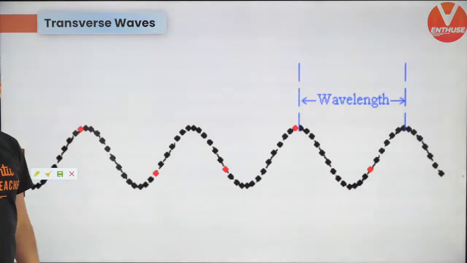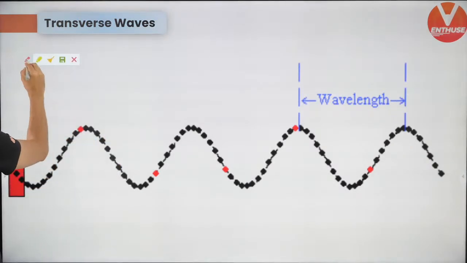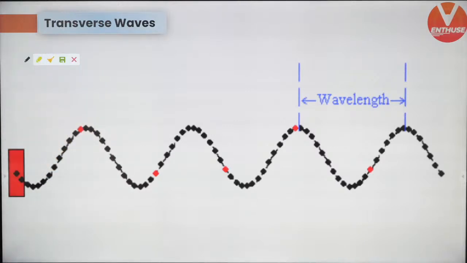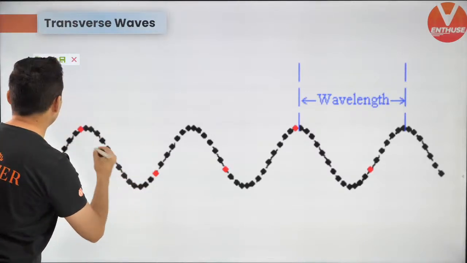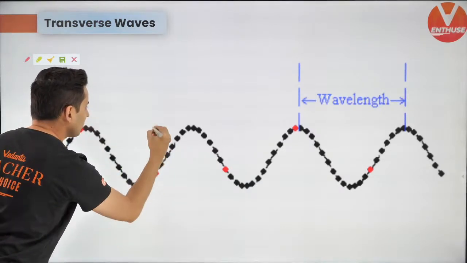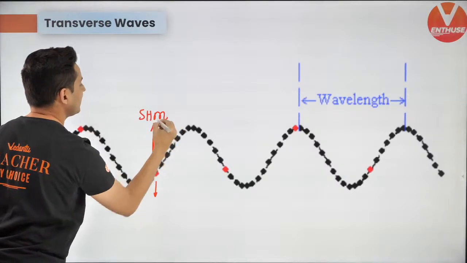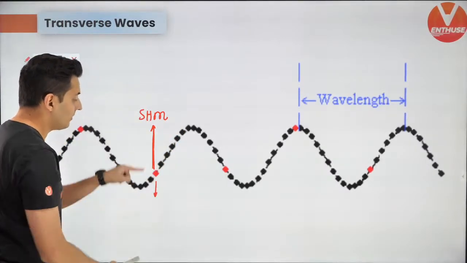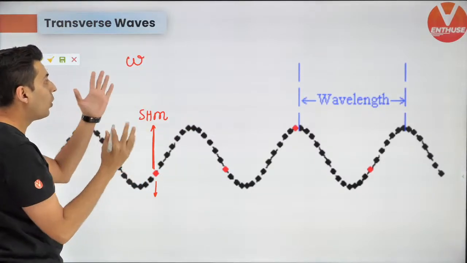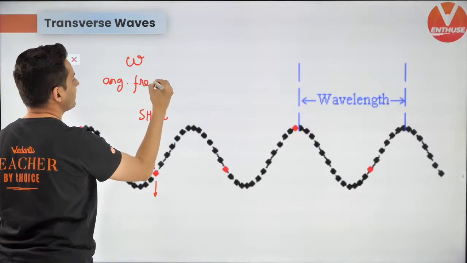So there are some important things now we are going to learn. That is number 1. Keep all these pointers in mind, guys. Very, very important. Each particle will go up and down. In fact, it is going to perform something like an SHM. That SHM, which each particle will perform, will have angular frequency omega. This is angular frequency, guys.